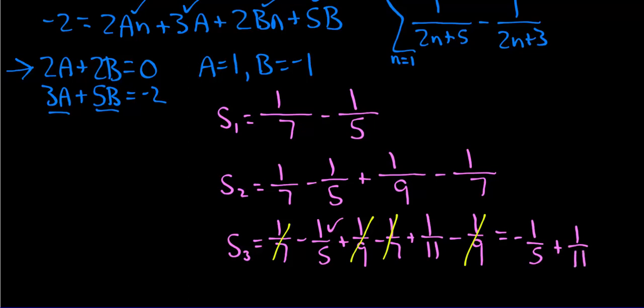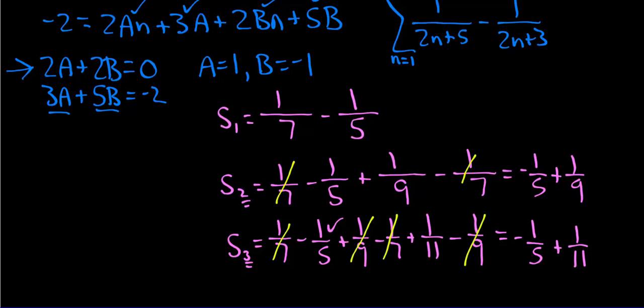Now let's look at the earlier partial sum. These terms cancel, and we're looking for a pattern. We've got negative 1/5 plus 1/9. I want to see if I can generalize this. Negative 1/5 plus 1 over 9, and down here negative 1/5 plus 1 over 11, we're looking at how those compare to the subscripts 2 and 3.